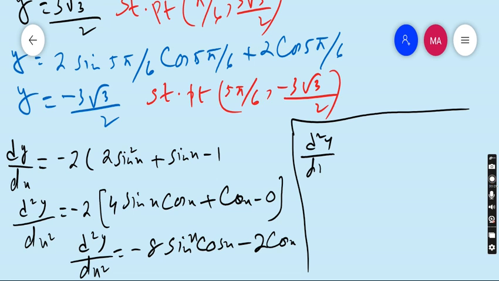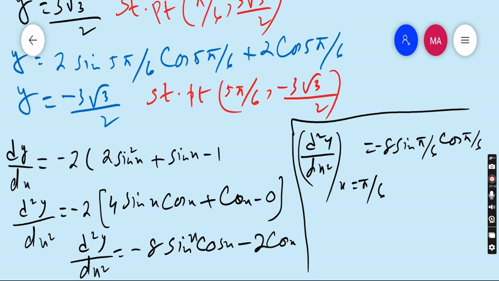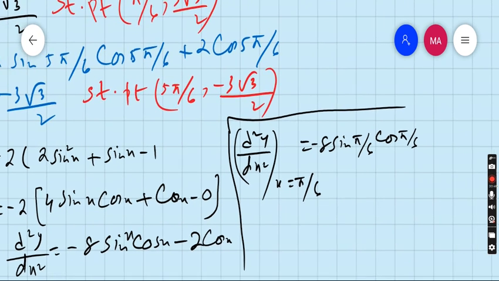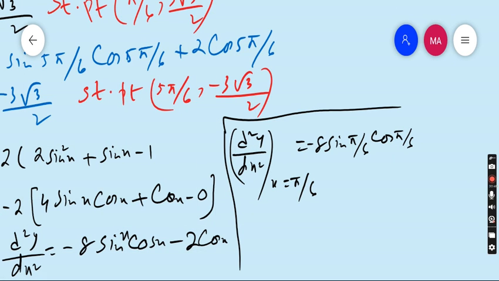d square y by dx square when x is pi by 6, the answer is minus 8 sin pi by 6 cos pi by 6 minus 2 cos pi by 6. Find with the help of calculator.